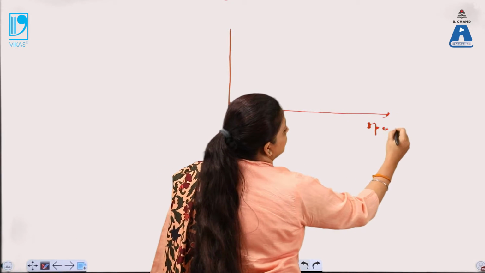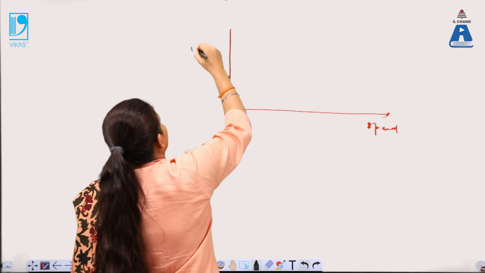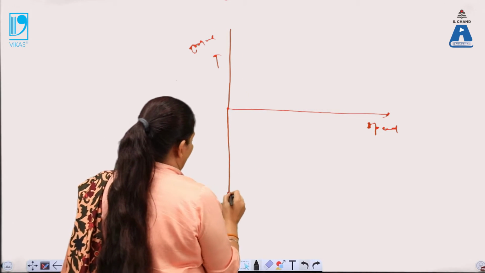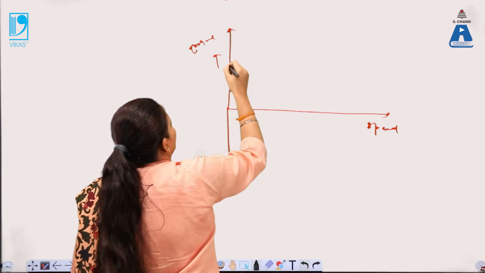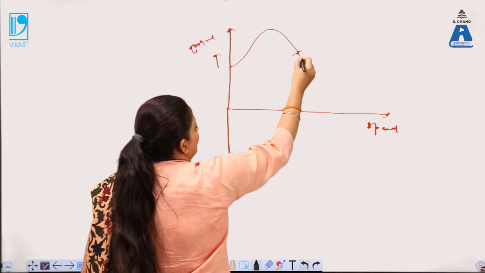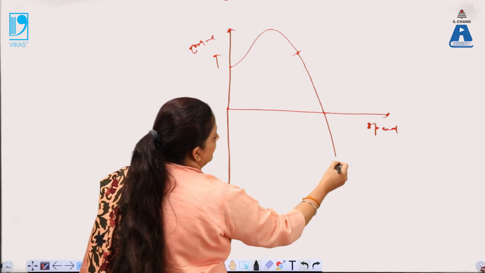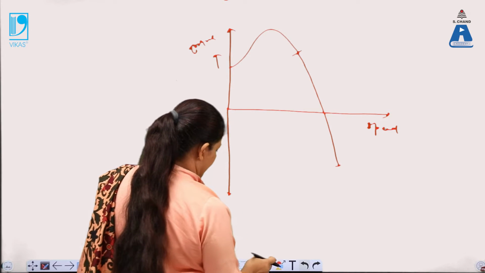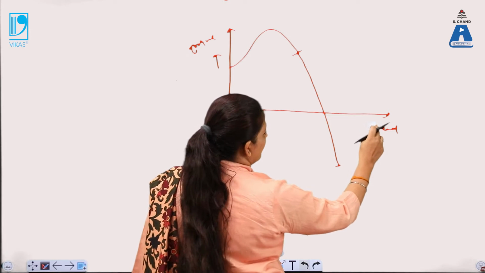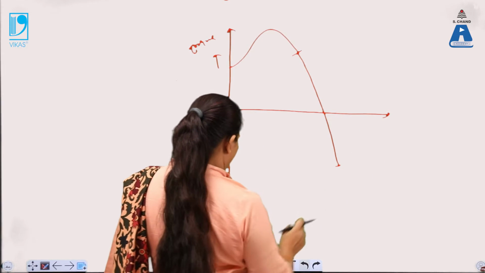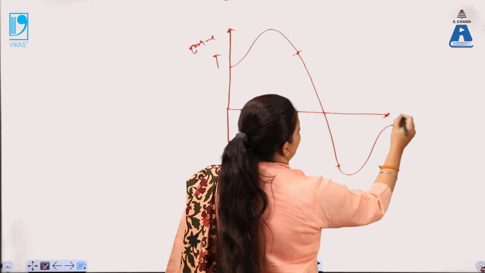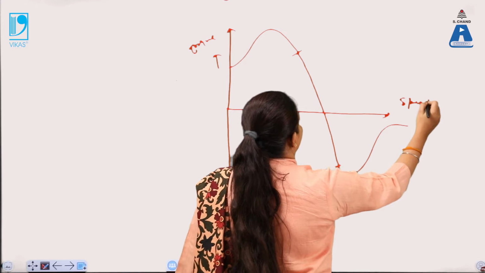Now on this, if there is a speed and there is a torque, so here this is the torque and along this there is the speed.